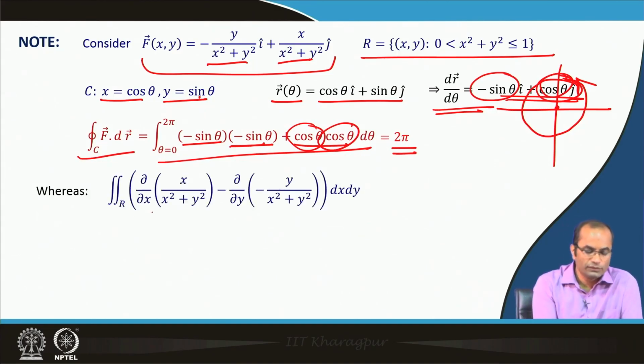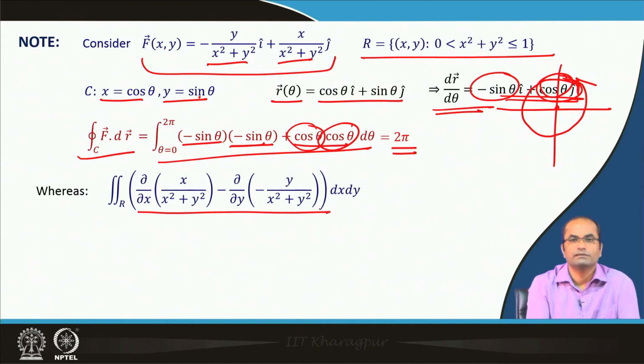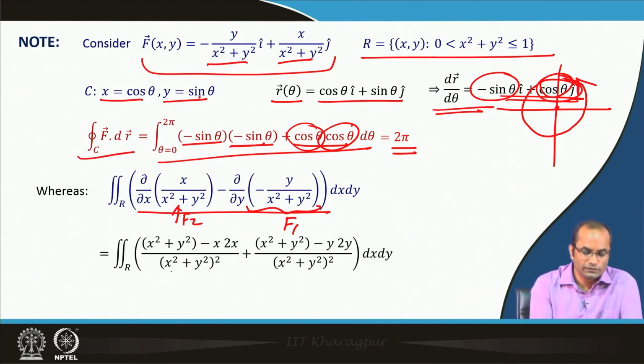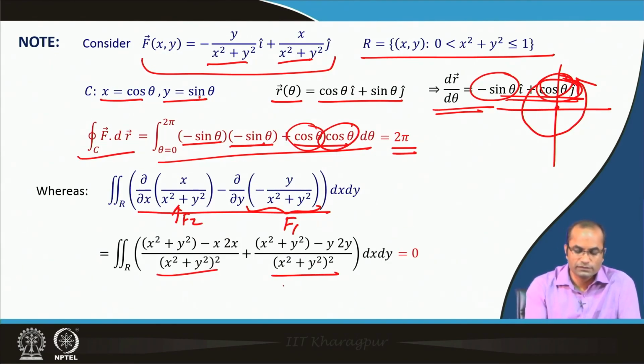On the other hand, if we compute this area integral using Green's theorem, then we have the partial derivative of F2 and the partial derivative of F1, which are given in the problem. If we do the partial differentiation, we will observe that this comes to be 0, because here we will get minus x² plus y², whereas here we will get x² and then minus y².